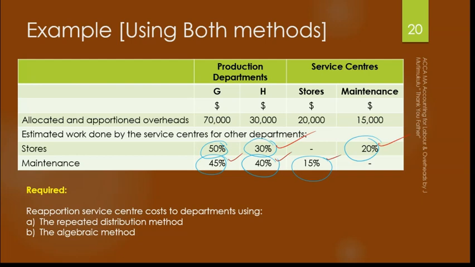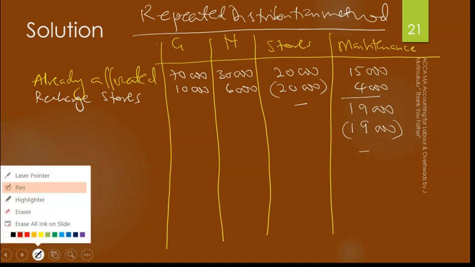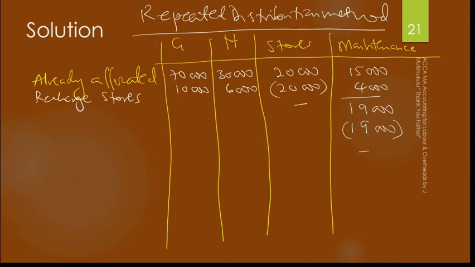Let's first allocate to production department G 45% of the amount, the 19,000. Remember, this stage is called recharge maintenance. All right, so we are recharging the maintenance department.